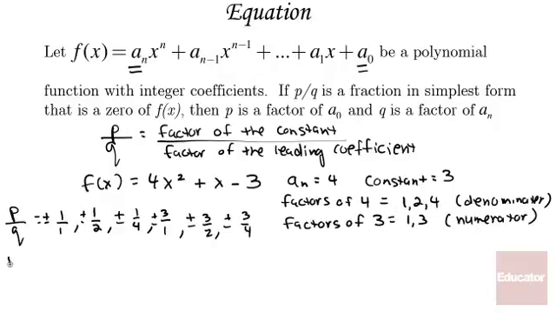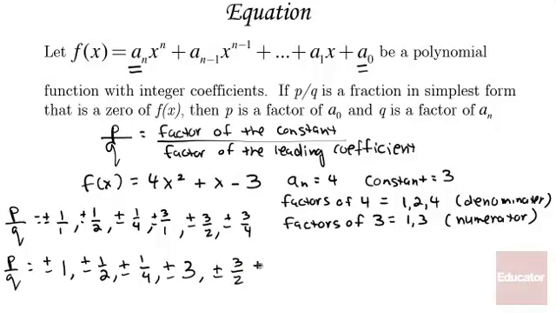Writing this in simpler form, this is just plus or minus 1, plus or minus 1/2, plus or minus 1/4. 3/1 is just 3, plus or minus 3/2, plus or minus 3/4. So this gives me the list of possible rational zeros.